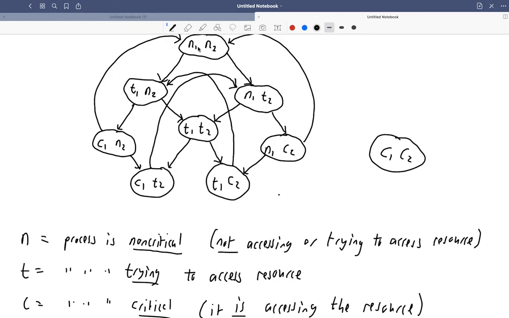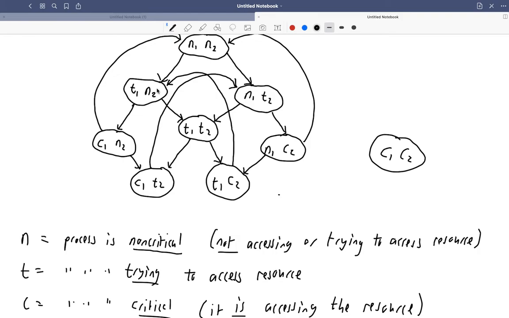But that isn't guaranteed by the model itself. Once we try with process 1, then process 2 might try, and maybe process 2 will be given the preference, and then when it's released we go back to this state where again process 1 is still trying.